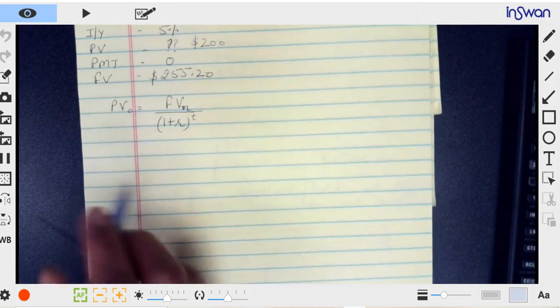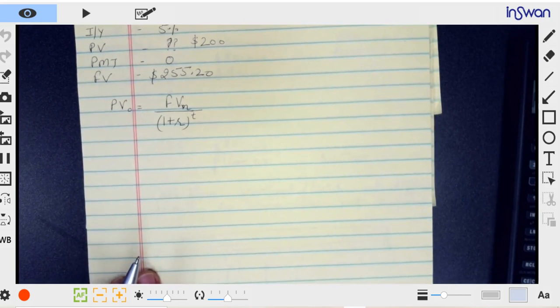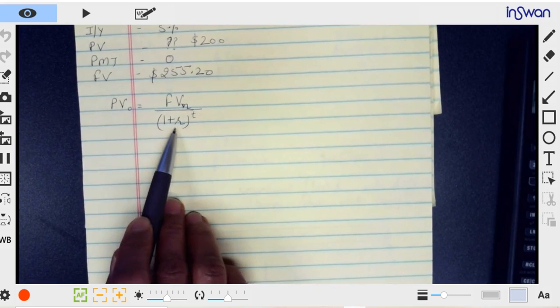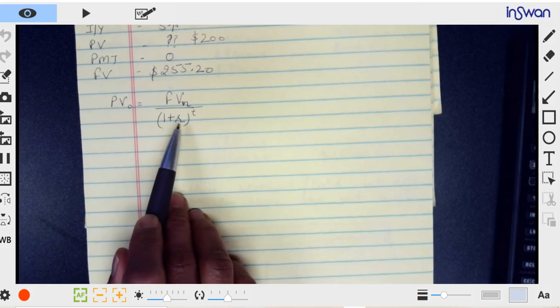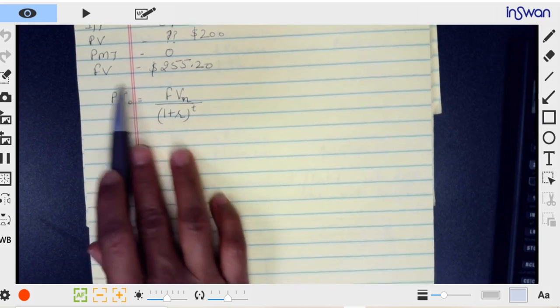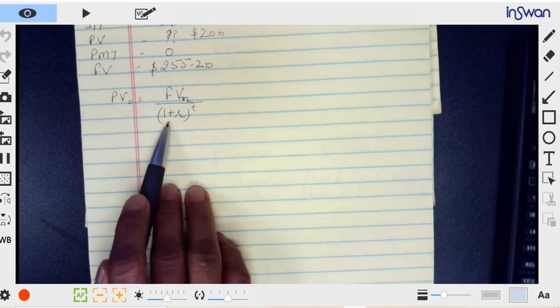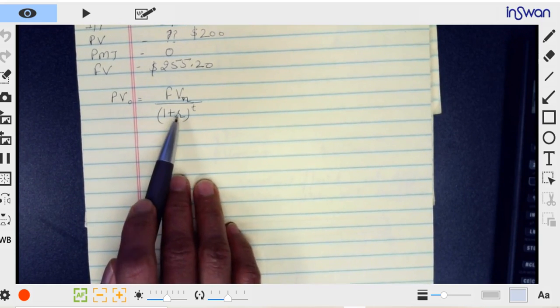Sometimes these are conceptual problems where you have to see what happens to the present value if t increases, or if r increases or decreases. To understand those things, you need to think about the formula.